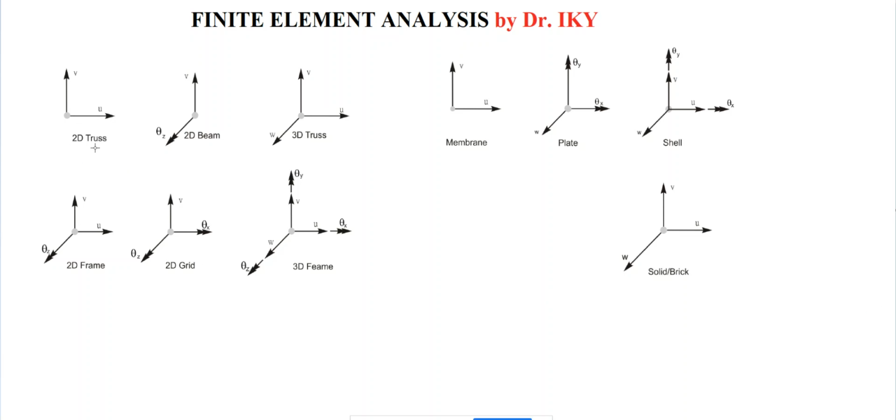For example, we have got the 2D truss system, as I told you before. One axis displacement u, the other one v. I'm not giving the global one, but you should know it. The global coordinate system is x, y, z. It's already known.